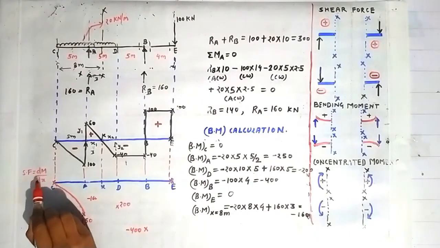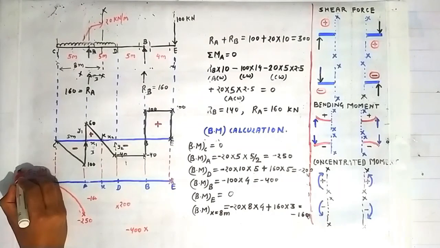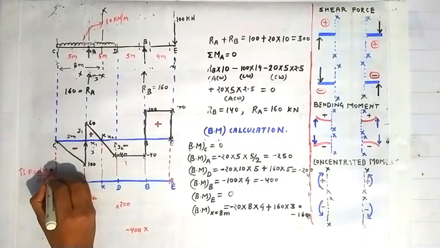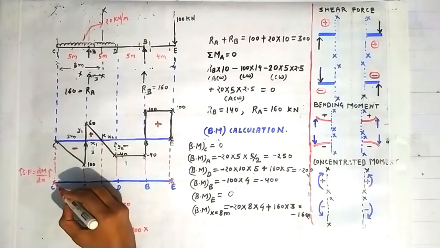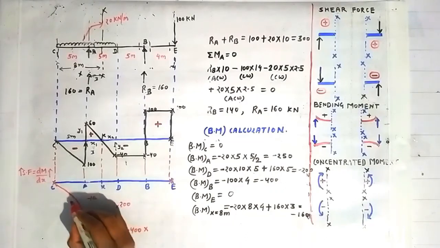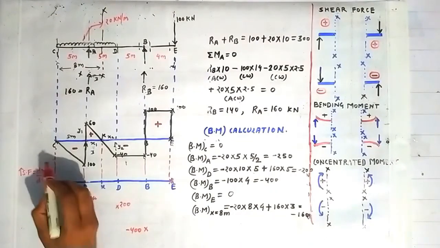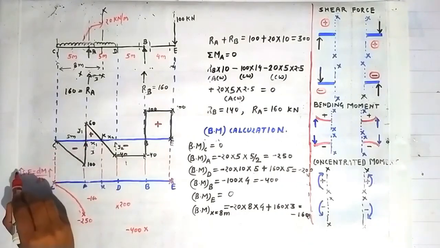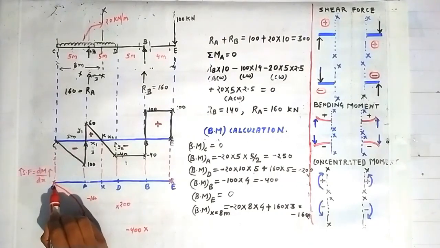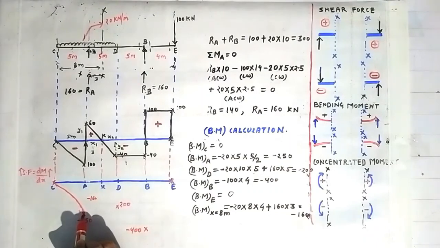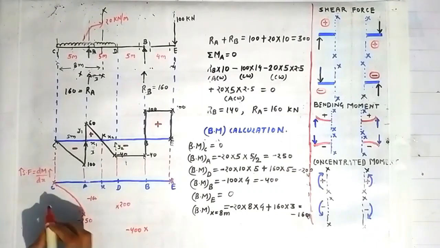As we know that shear force increases, the slope must also increase. If we take this type of curve, it indicates an increasing slope as we move from C to A, because from C to A shear force is also increasing, and hence the bending moment diagram slope must also increase. See here how it is increasing.